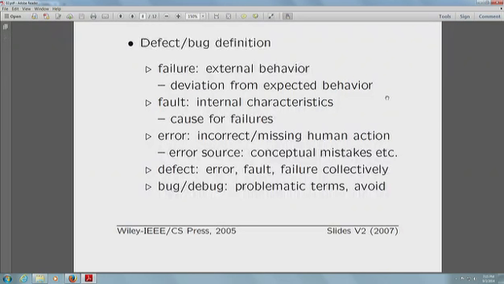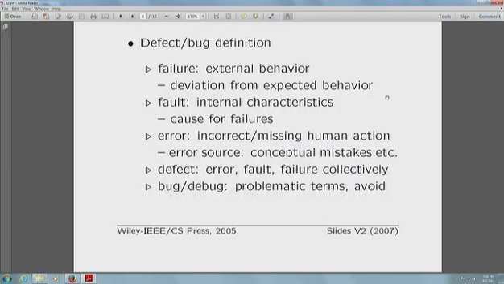In the fault tolerance and systems network community, error is an intermediate step between fault and failure. We don't want to get into which definition is correct. This is our definition, so we will be using it. In the software engineering community, we use error to be the missing or incorrect human action that caused the fault to be injected into the system, which is the underlying problem that, once triggered, will cause some unexpected behavior, called failures.